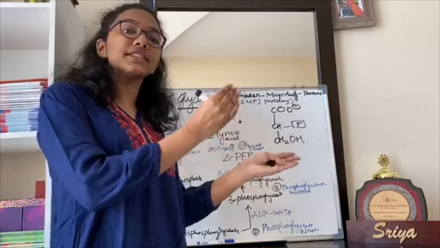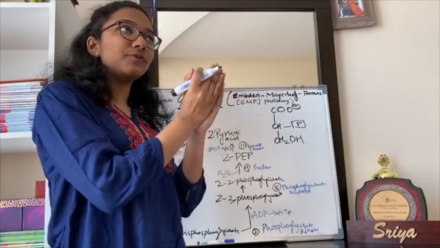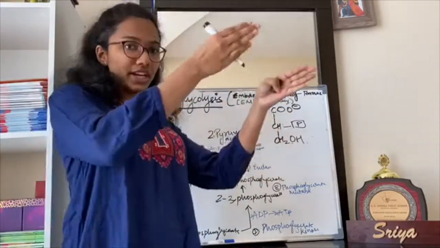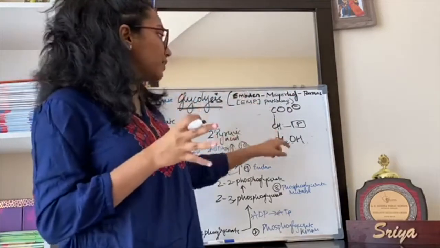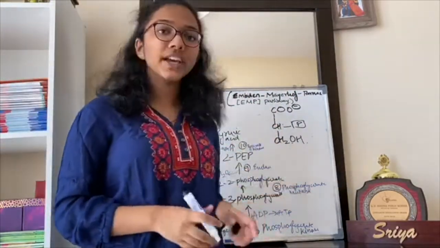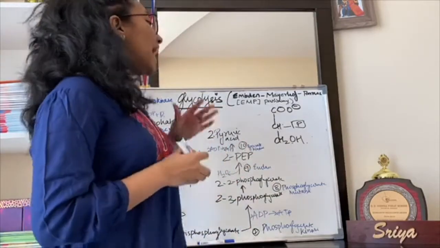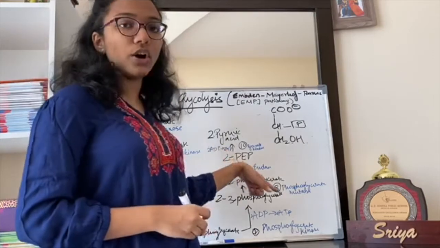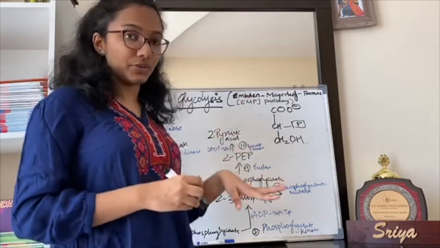Now in this case, the phosphate group is moving from one carbon to the other, and this is mutation, basically movement of one group from here to here. That's why it's known as phosphoglycerate mutase. This is the 8th step, and after this finally you get 2 PEP or phosphoenol pyruvate.